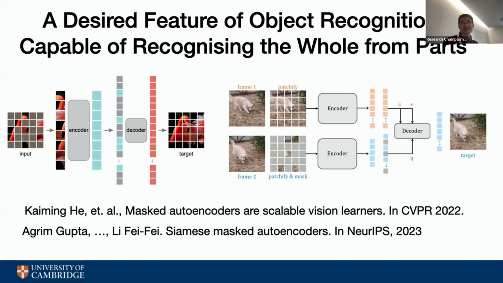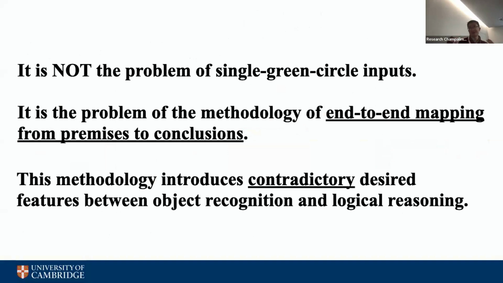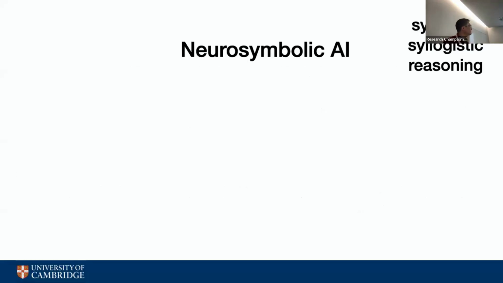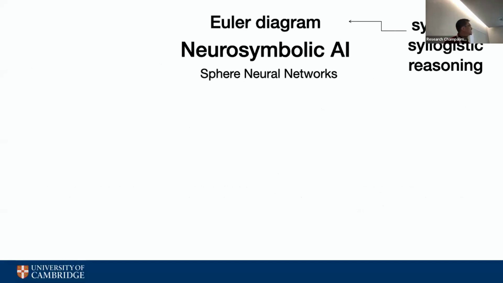The network can recover it. But the problem is that for reasoning, we establish end-to-end, and then we introduce the contradictory feature of object recognition, recognizing the whole from a part. That is desirable for recognition, but for reasoning it is forbidden. This is a contradictory feature in one end-to-end mapping. So what we will do is just use create sphere.